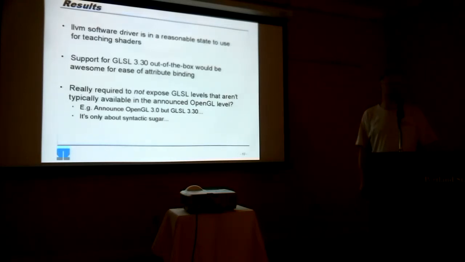I think the conclusion that we came to was that so much of the stuff that was added in 1.50 is so intertwined with geometry shaders that you couldn't really do one without the other. And if we have geometry shaders, well, then we have at least 3.20. So the discussion becomes moot.